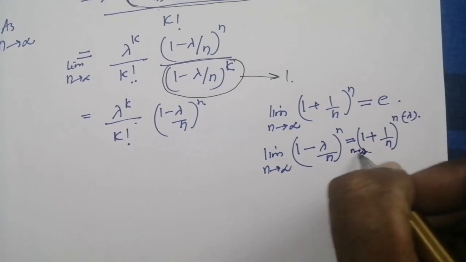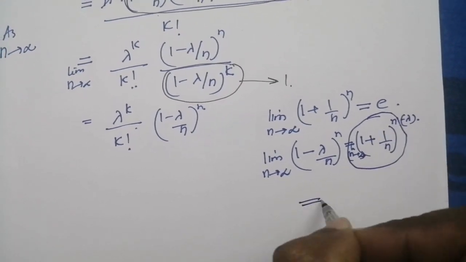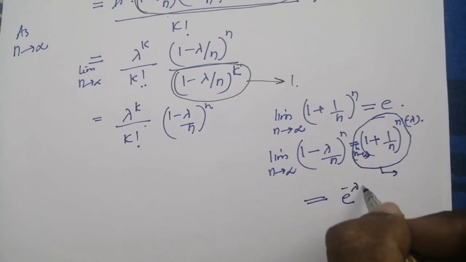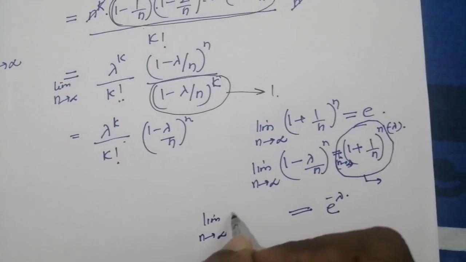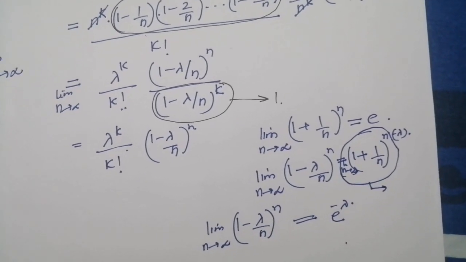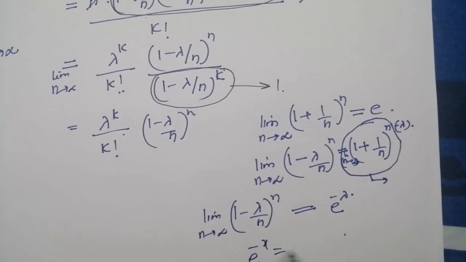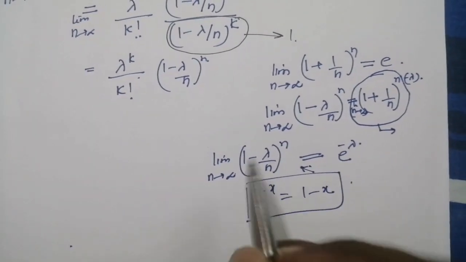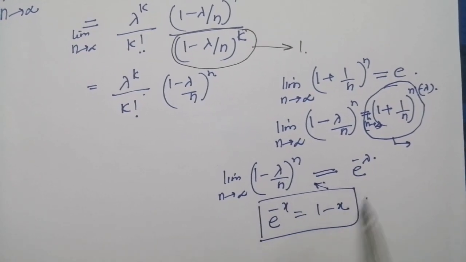As n tends to infinity, we know this is e, so e raised to minus lambda. So the limit as n tends to infinity of 1 minus lambda by n, the whole raised to n, is e raised to minus lambda. Or in other words, we use the property that e raised to minus x is approximately 1 minus x. Anyway, we get the limit as n tends to infinity of 1 minus lambda by n the whole raised to n equal to e raised to minus lambda.